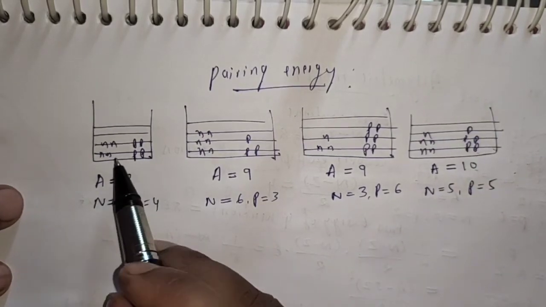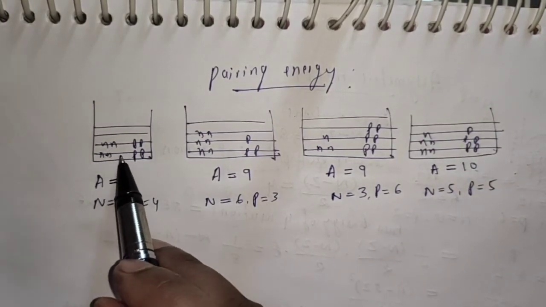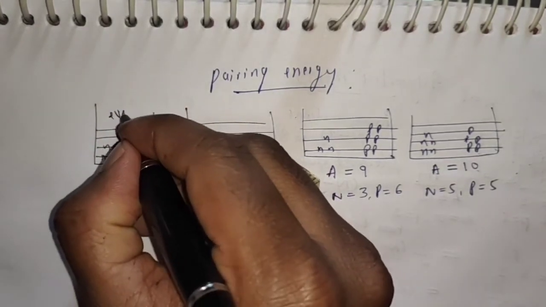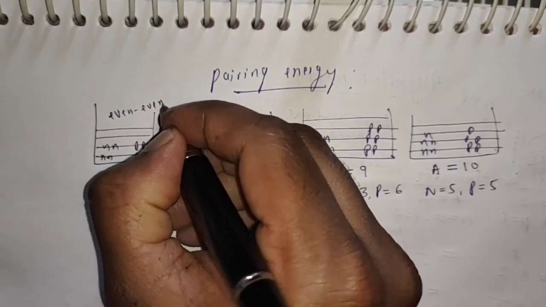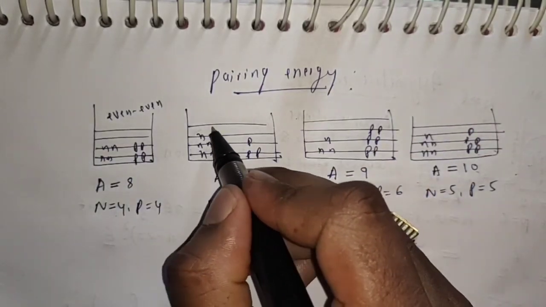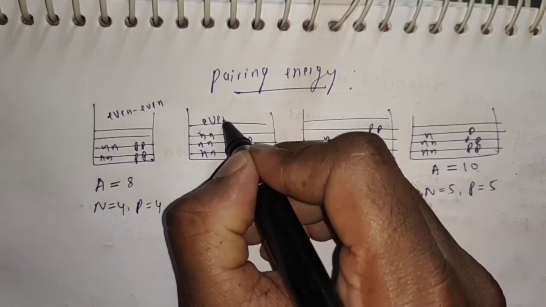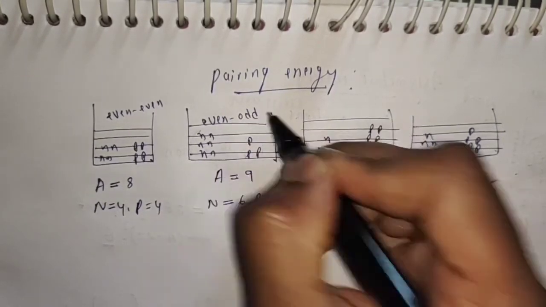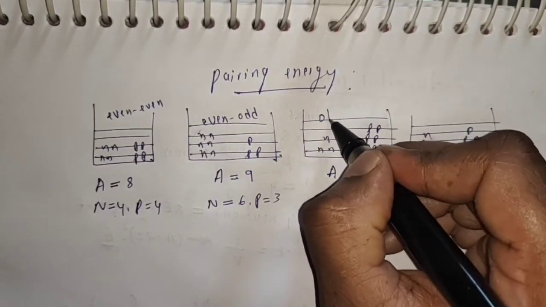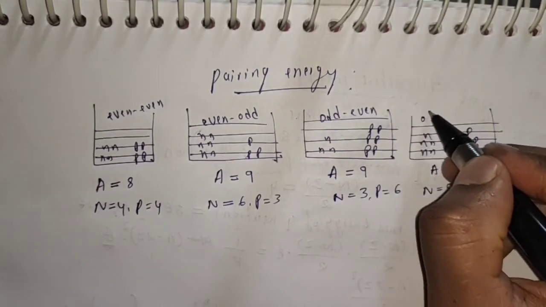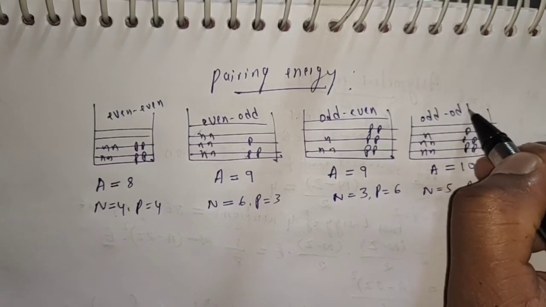Here we can see that the number of neutrons and number of protons are the same, that is, it is even-even. Here the number of neutrons is even and the number of protons is odd, that is, this is a system of even-odd, and here odd-even, and here odd-odd.